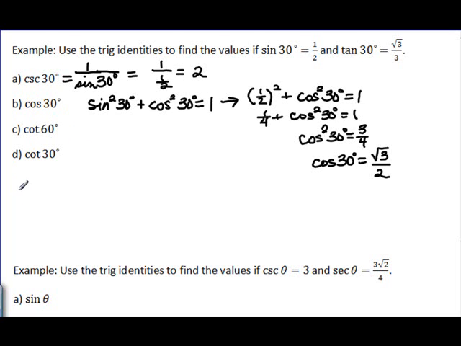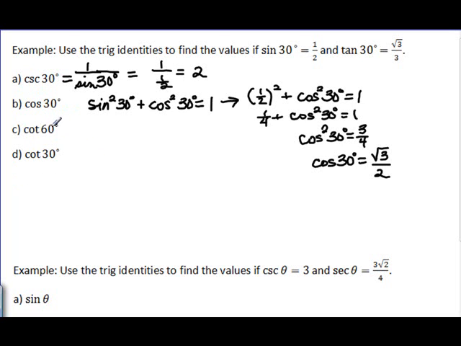Now, how can we find the cotangent of 60 degrees? Well, we know that cotangent is what?